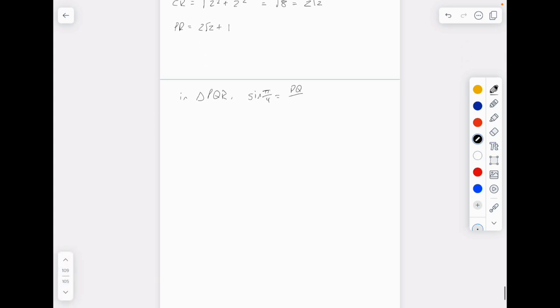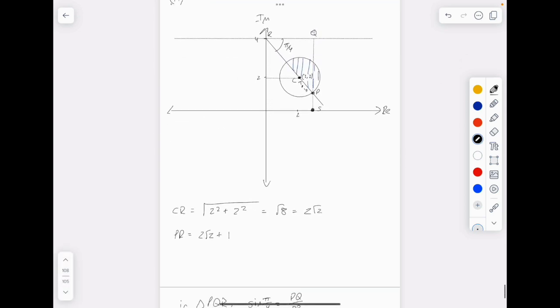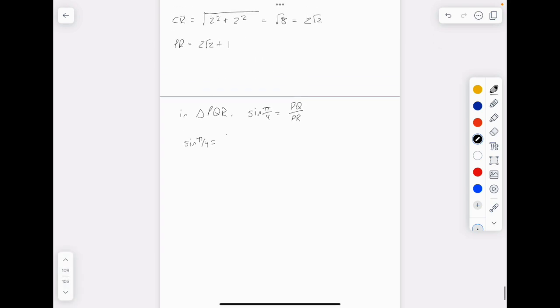Okay, brilliant. Which means that sine pi over 4 is going to equal PQ over 2 root 2 plus 1.